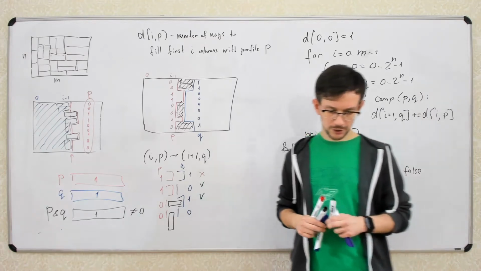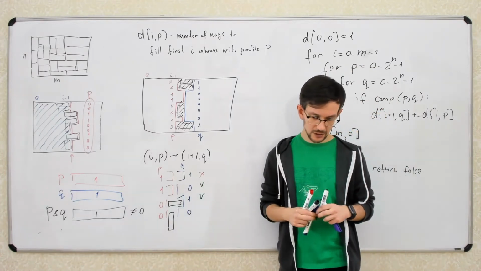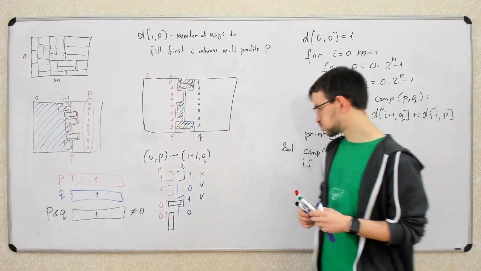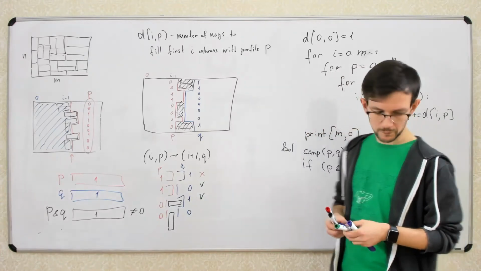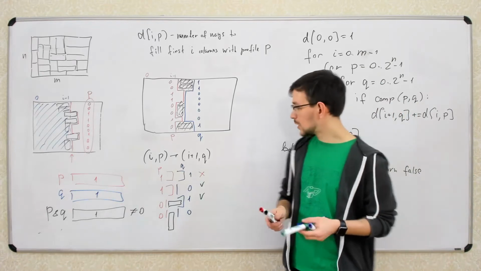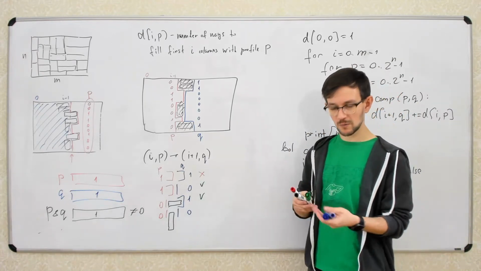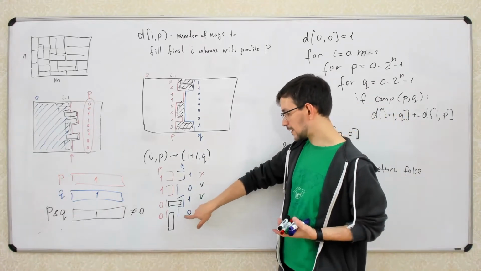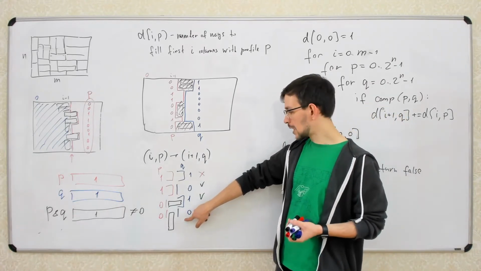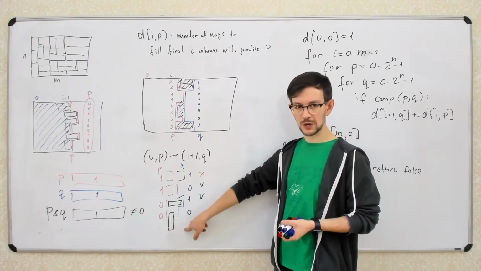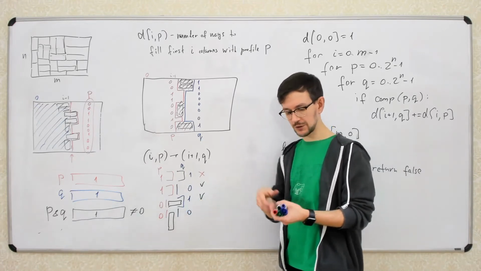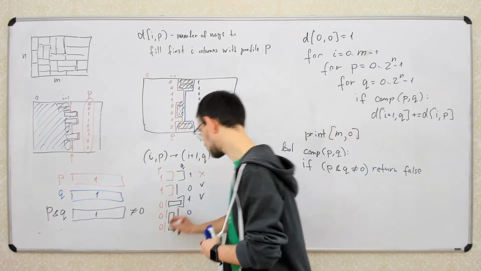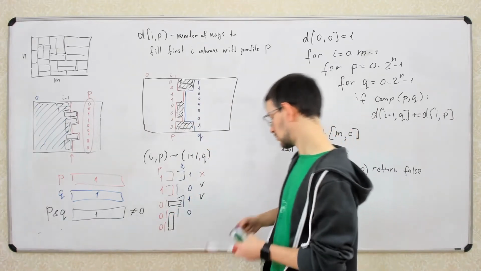We can check two conditions. No, the second condition will be a little bit more complicated. So what should we check here? When we place a vertical tile, we actually need two consecutive rows to have 0 and 0. So we need to have 0 and 0 here, and also 0 and 0 here.